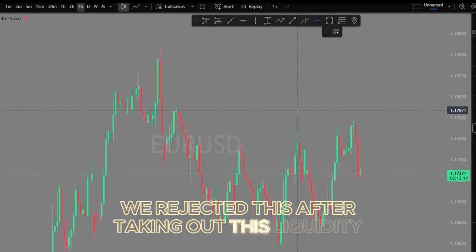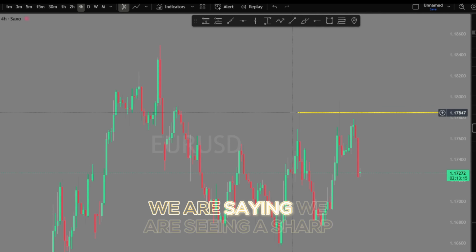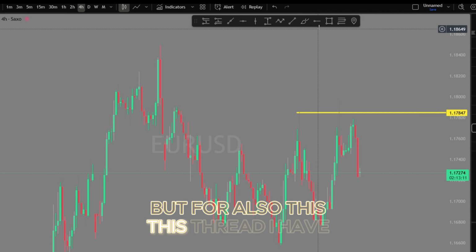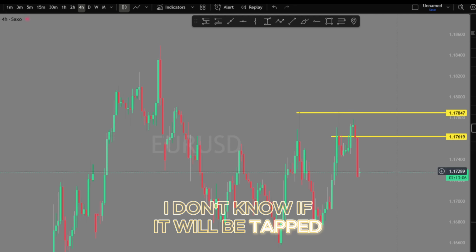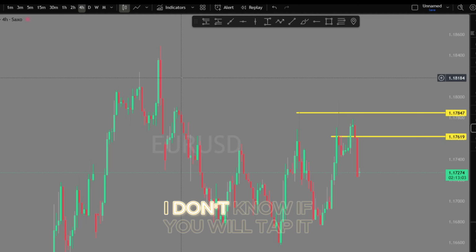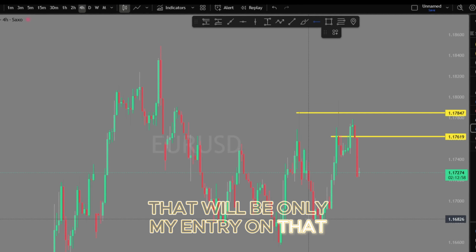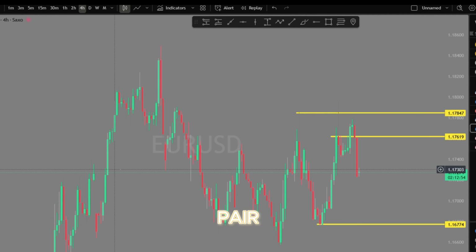After taking out this liquidity above those highs, we're seeing a sharp fall. But for this trade, I also have my zone here. I don't know if it will be tapped, but if it taps, it will be a good entry. That will be my only entry on that pair, and I'll be exiting around here.